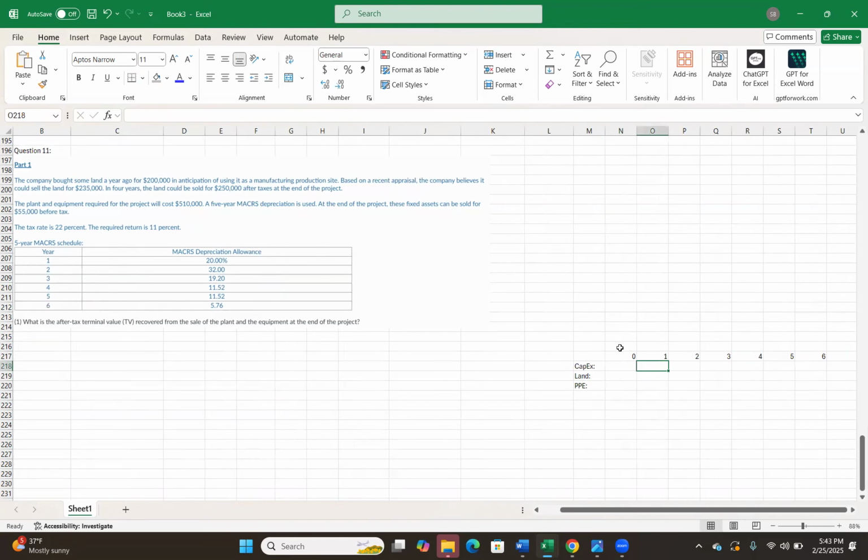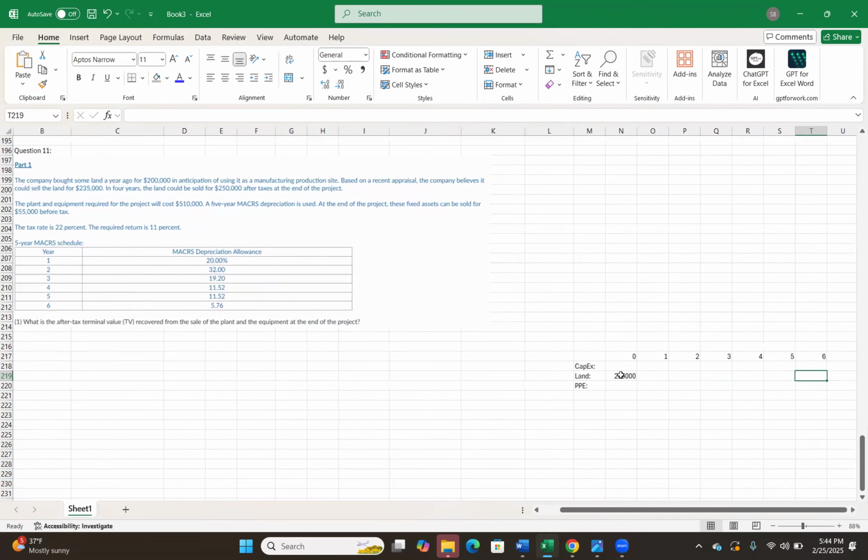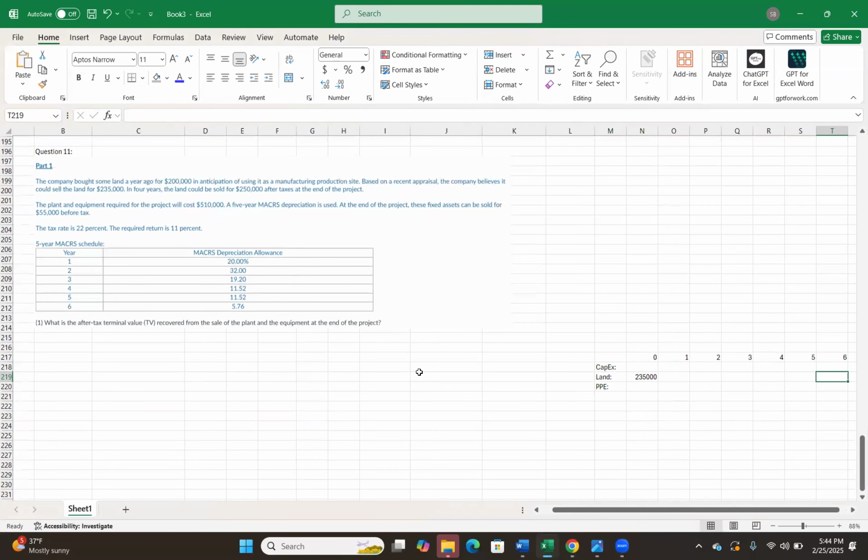I don't know how many years it is. Okay. CapEx for the land is 235 because we're going to take the current value of the land, correct? Okay. Then it can be sold for 250 after taxes.